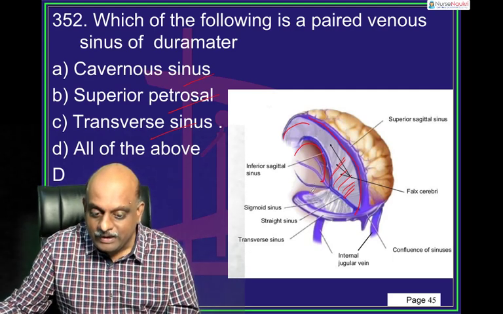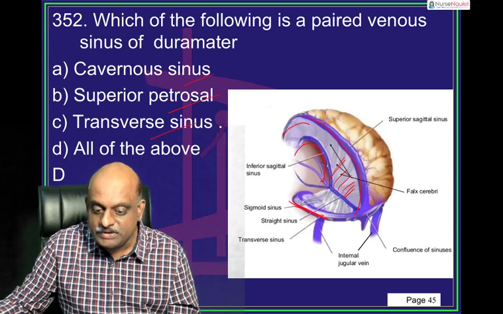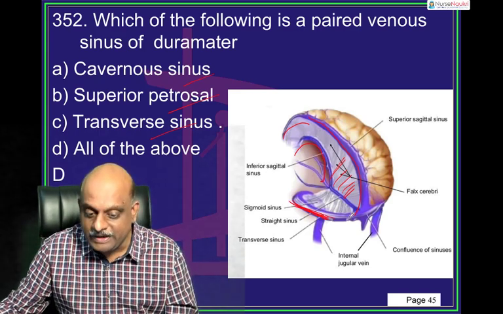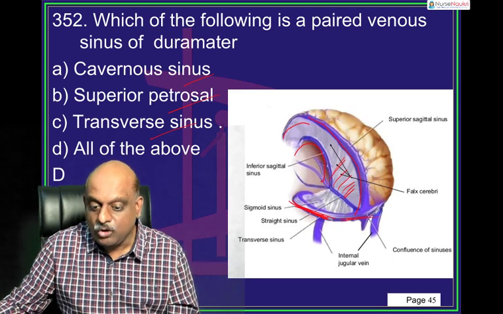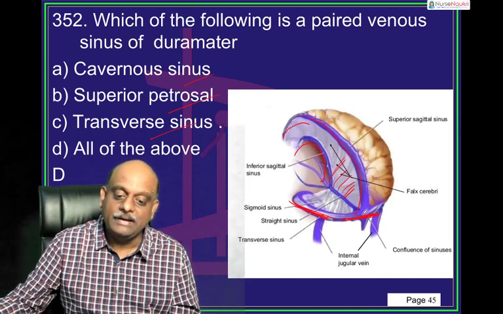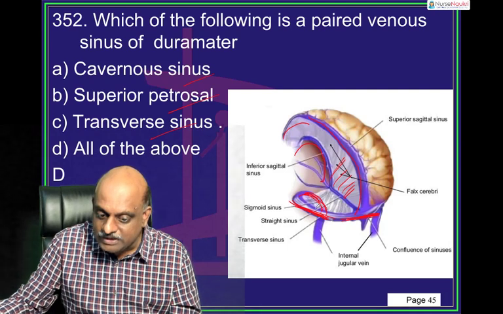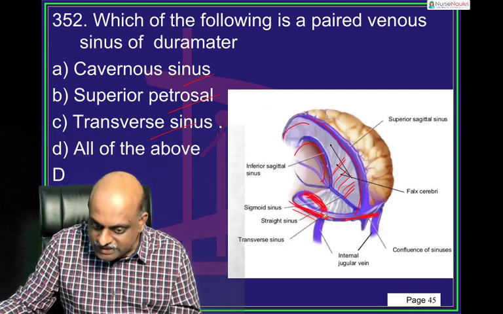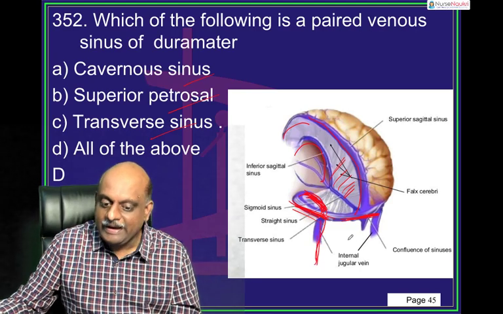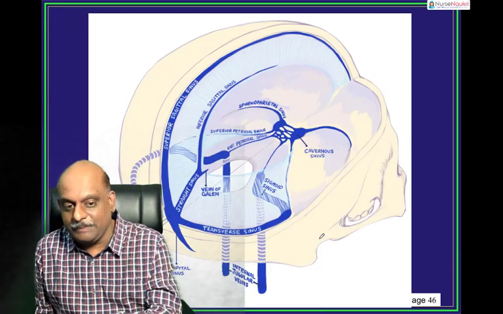And typically you have a straight sinus, which is ultimately merging with the confluence of sinuses. And this is the sigmoid sinus, this is the straight sinus. So from the sigmoid sinus comes out your internal jugular vein, is what you need to remember.